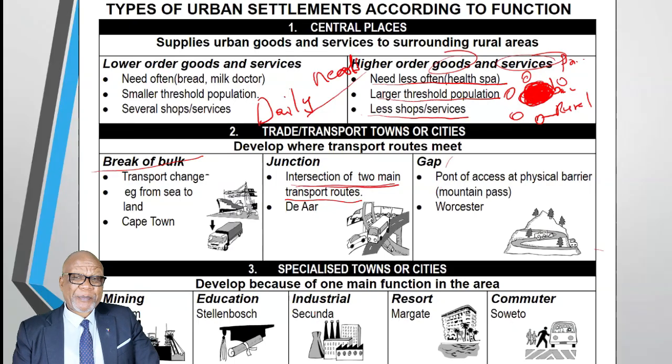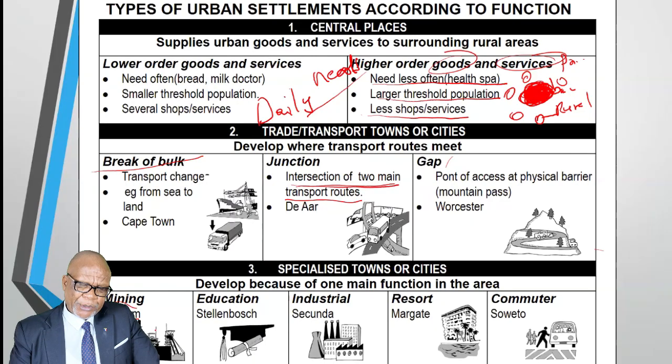And then we have what we call specialized towns. There are many towns developed because of a number of factors. Number one, we have mining towns like Welkom. It's a mining town. It developed mainly because of the mine. And then you can also look at Johannesburg. Its origin is why it's called Gauteng, a place of gold.